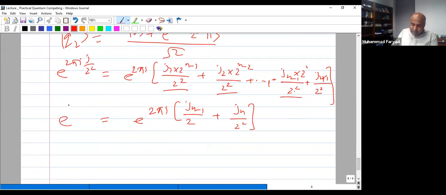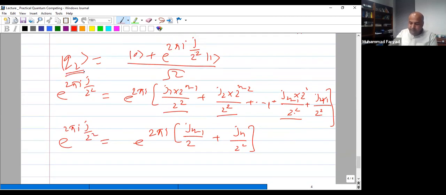So it means that I can get my Q2 state by this thing. So this jn minus 1 by 2 is just a Hadamard again, because this 2 can be cancelled. So let me write it like this: exponential pi iota jn minus 1, multiplied with exponential 2 pi over 2 square iota jn.